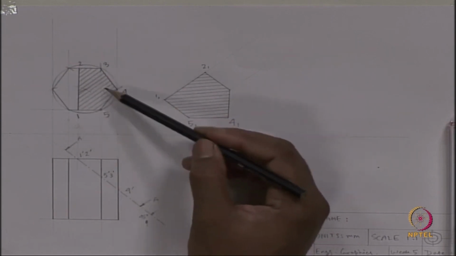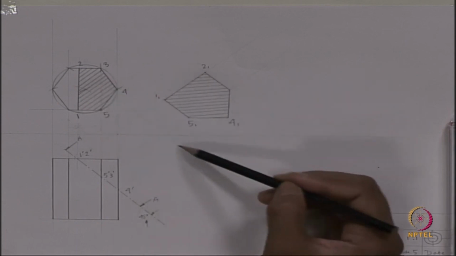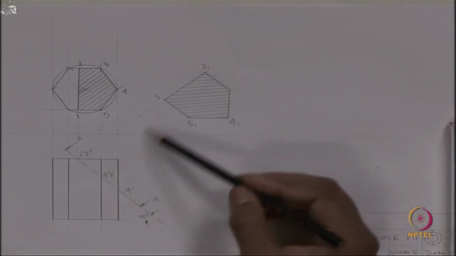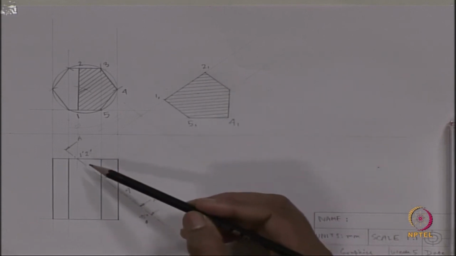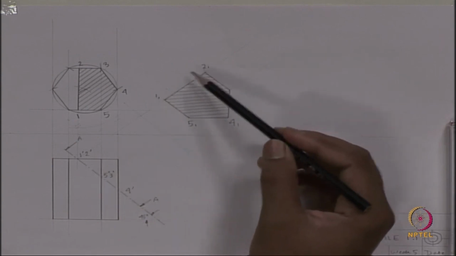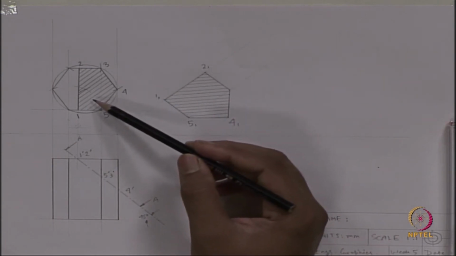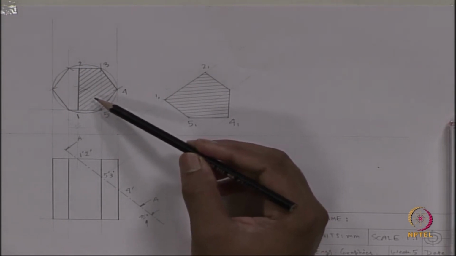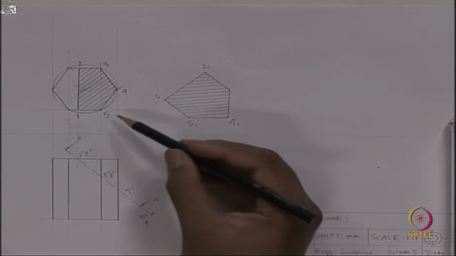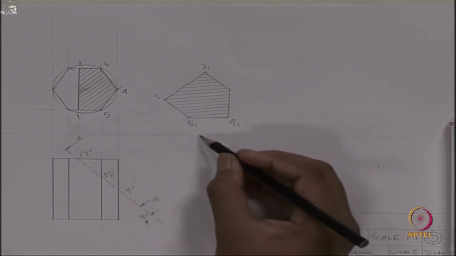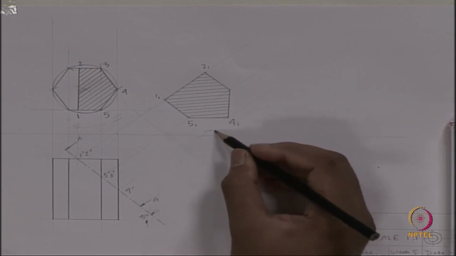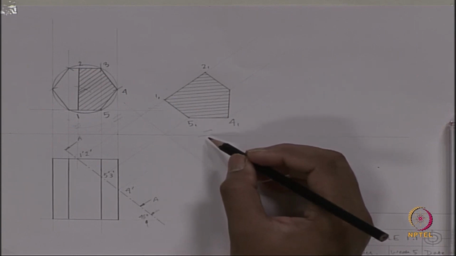This part is the section, and this is the auxiliary view of true shape of section, where we have taken the projection line from front view, which is the adjacent view, and to get the exact location of those points we have taken the help from related view, which is the sectional top view. So, these distances are equal, actually from the reference line, but these marks you should not show when you will be drawing.